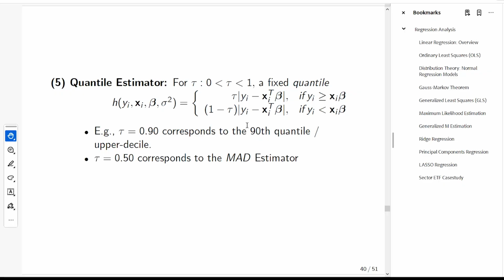This h function is basically equivalent to the mean absolute deviation when tau is equal to 0.5.